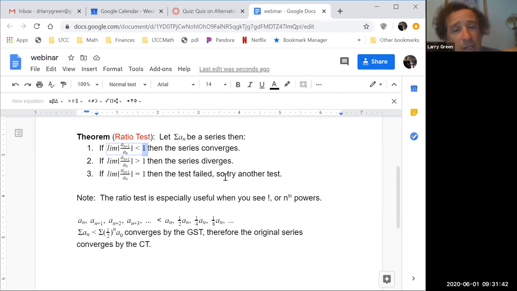And if it's equal, again, you can just come up with some examples. Trust me, sometimes it converges, sometimes it doesn't, which means you can't make any conclusion. Any questions at all on this big theorem?